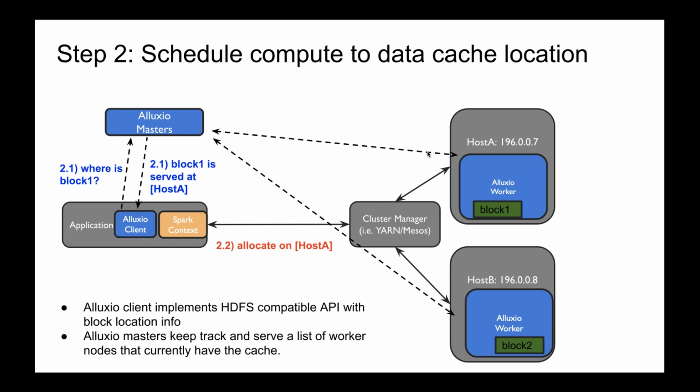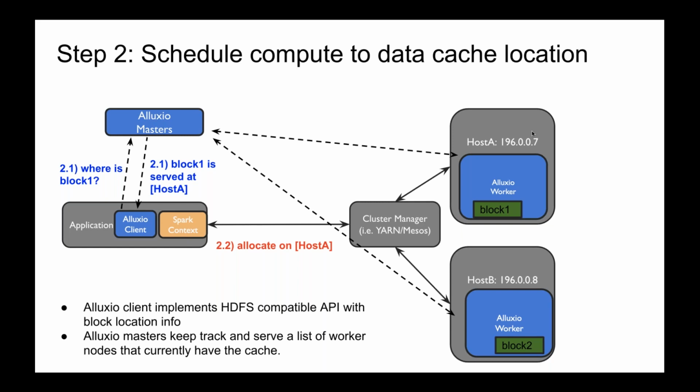job, saying, okay, block 1 is served on host A, which is running an Alluxio worker daemon. You can see that because the Alluxio worker is running directly in standalone mode on this host, it gets the IP, for example, for host A, 196.00.7, or on a different host with a different IP.